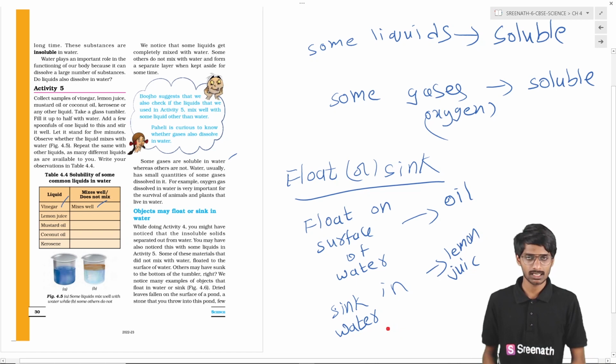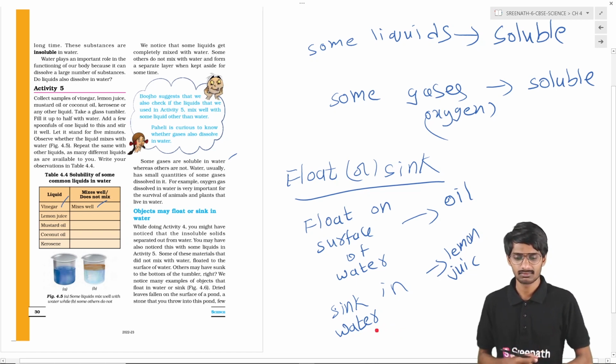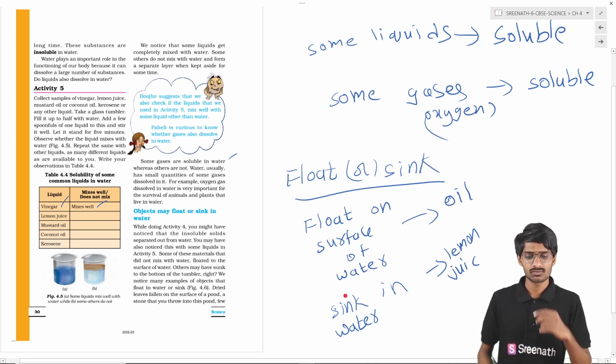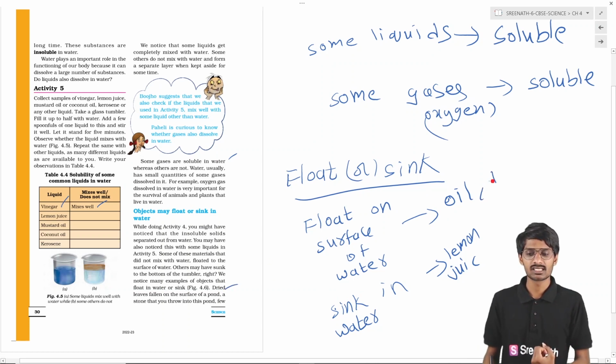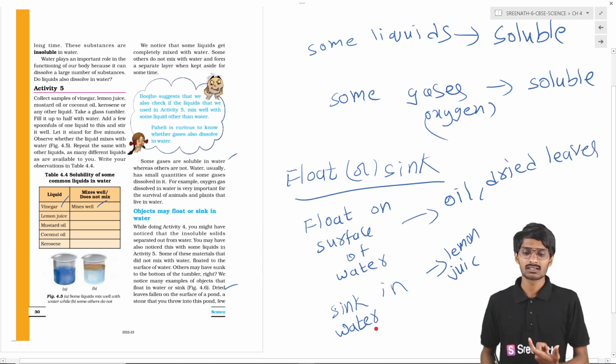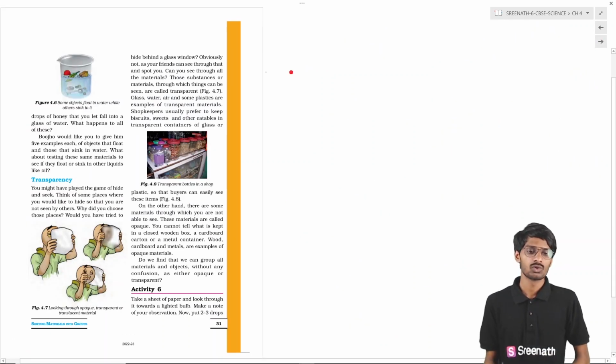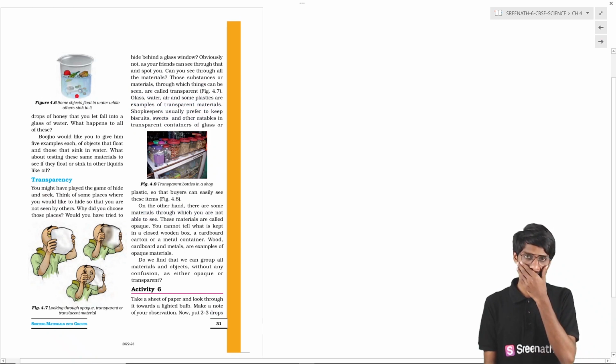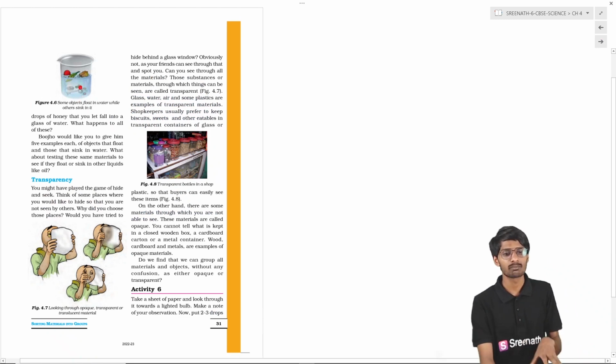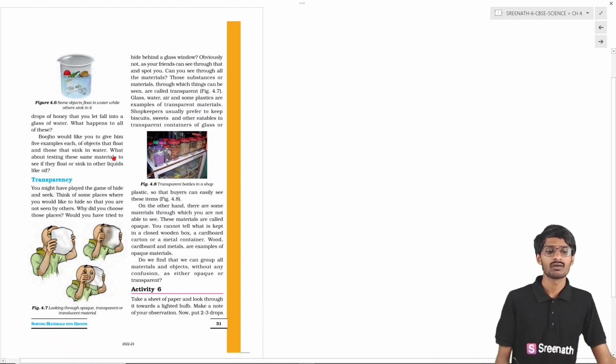It will sink in water, it is dissolved in water. And if you see dried leaves, they will float on water, but stones will sink in water. So there are different objects. Keys also sink, but some objects will float on water.